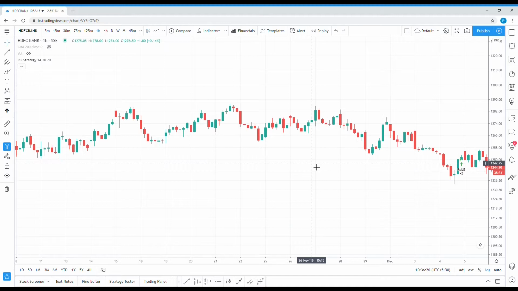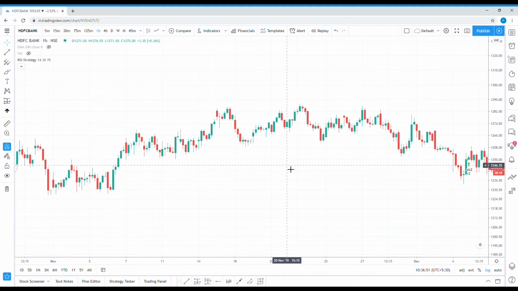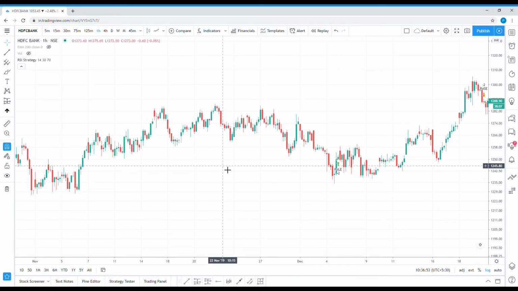Today we are going to see what support and resistance is, a very basic type of analysis, but widely used and effective most of the time. Support means the level from which the price is taking support and is not falling.